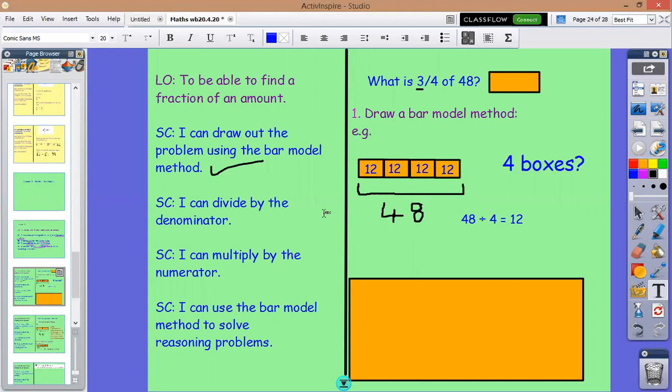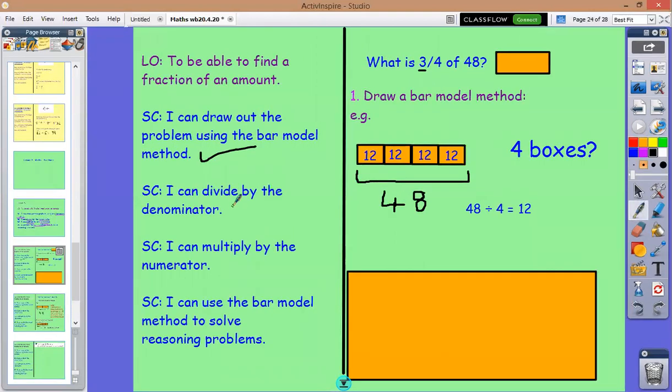Now, what's really important, now that I can divide by my denominator, or the amount of boxes, is to multiply by the numerator. My numerator here was 3. So that means I'm specifically looking at 3 of my boxes. So how am I going to solve what 3/4 of 48 is?